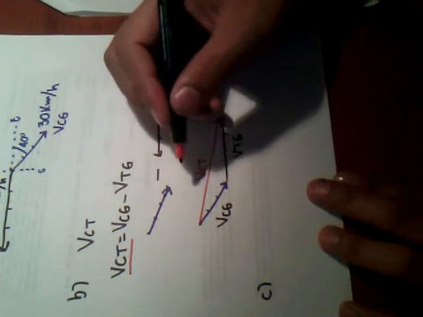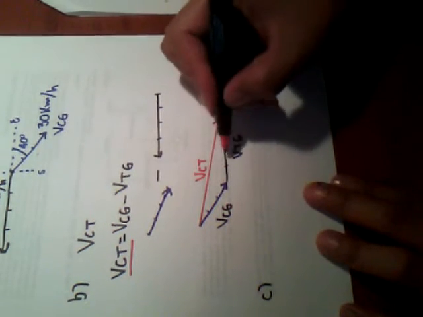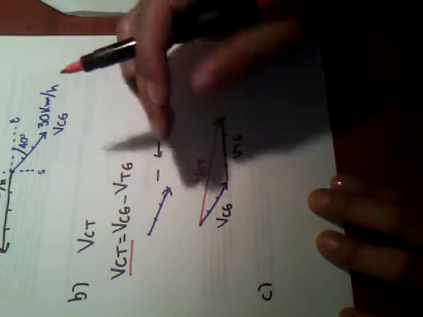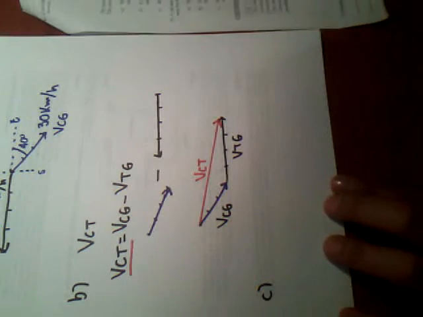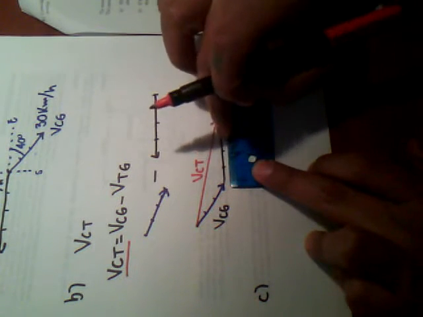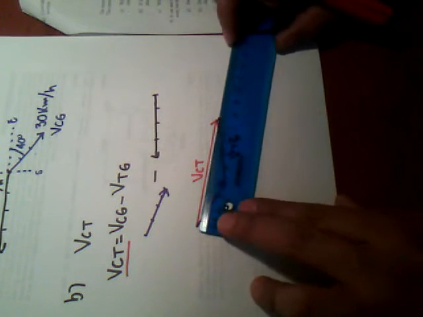So in my scale this has 40 units, so I need to count how many units this has. If you do it with a ruler, you can say that 1 unit is going to be 1 centimeter, and then measure how many centimeters this has.